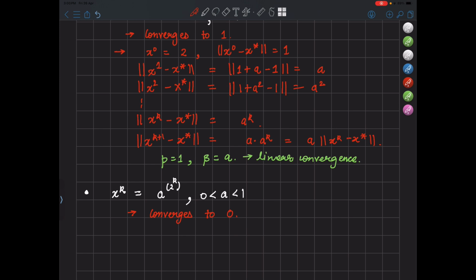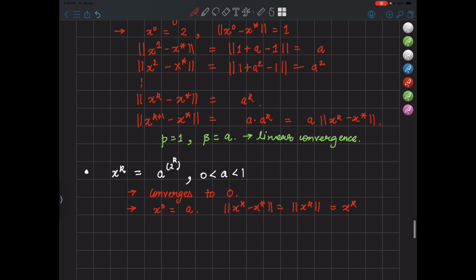Alright, now let's analyze its norm. So what is x naught here? x naught will be a, right? Because here x star is 0, the modulus of xk minus x star will be the same as the modulus of xk. And because a is positive, and k is also always a positive number, xk will always be positive.